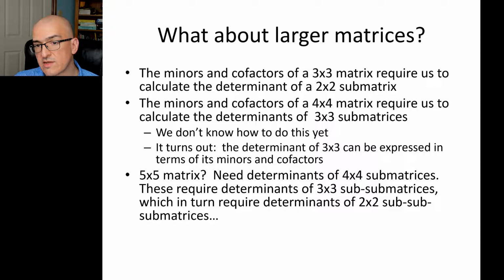Those require calculations of 2 by 2 submatrices, and it would keep going on and on as the matrix gets larger. We would have these nested submatrix calculations with nested determinant calculations inside them.